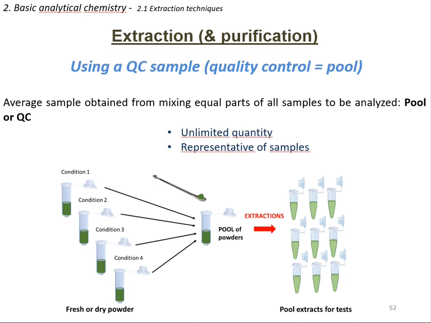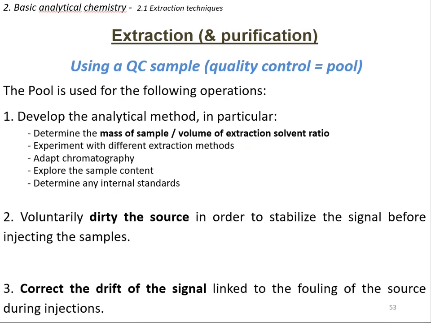And so in this interval, the parameters of the machine can change a little bit and the system will get dirty, and so the signal will change. And so the QC, the quality control pool, is important to check that the machine is really stable during the analysis. So this is what is shown in this slide.